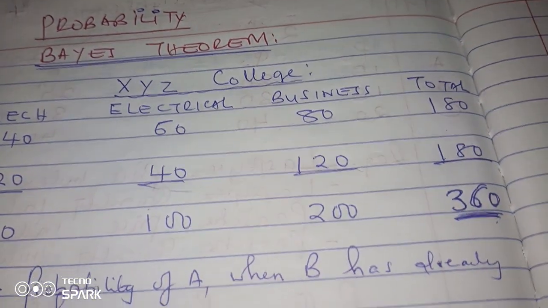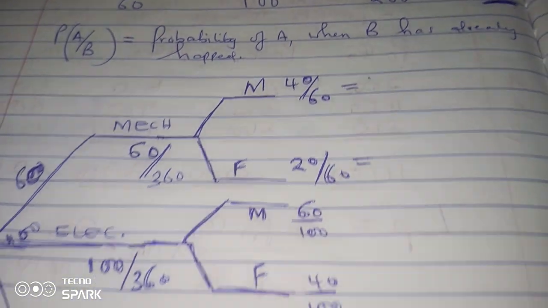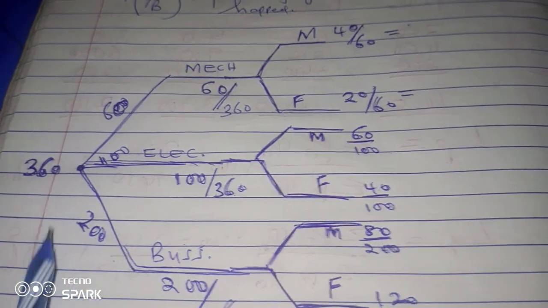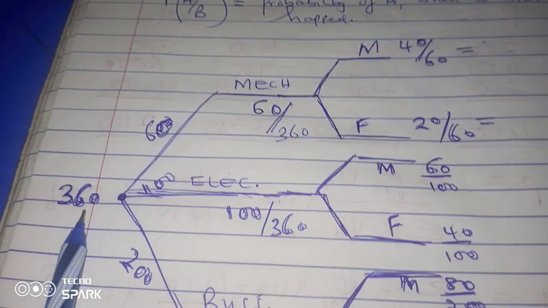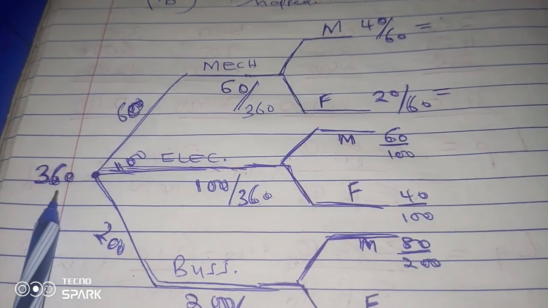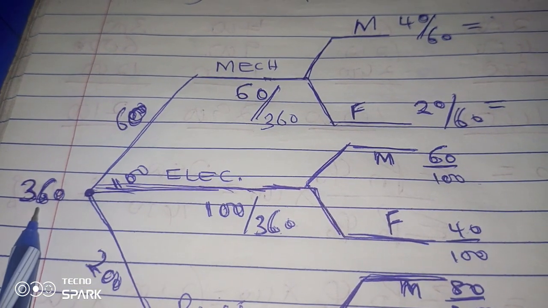In answer to this, we shall utilize the tree diagram. The tree diagram is drawn thus. We shall look at the total number here. The total number of students in the whole college is 360.